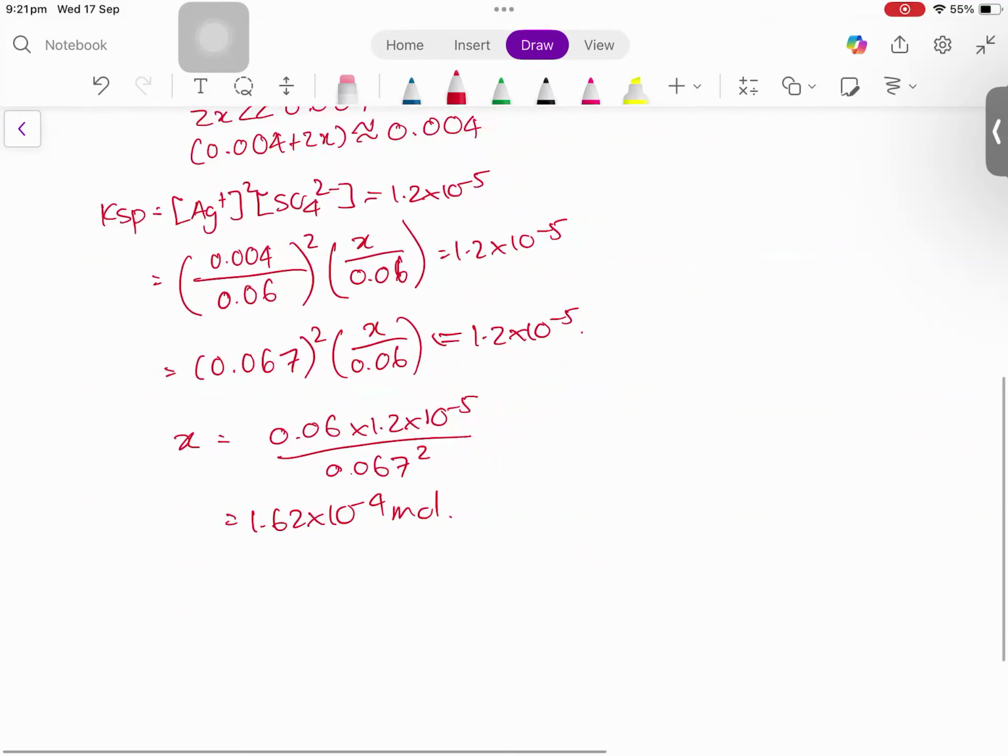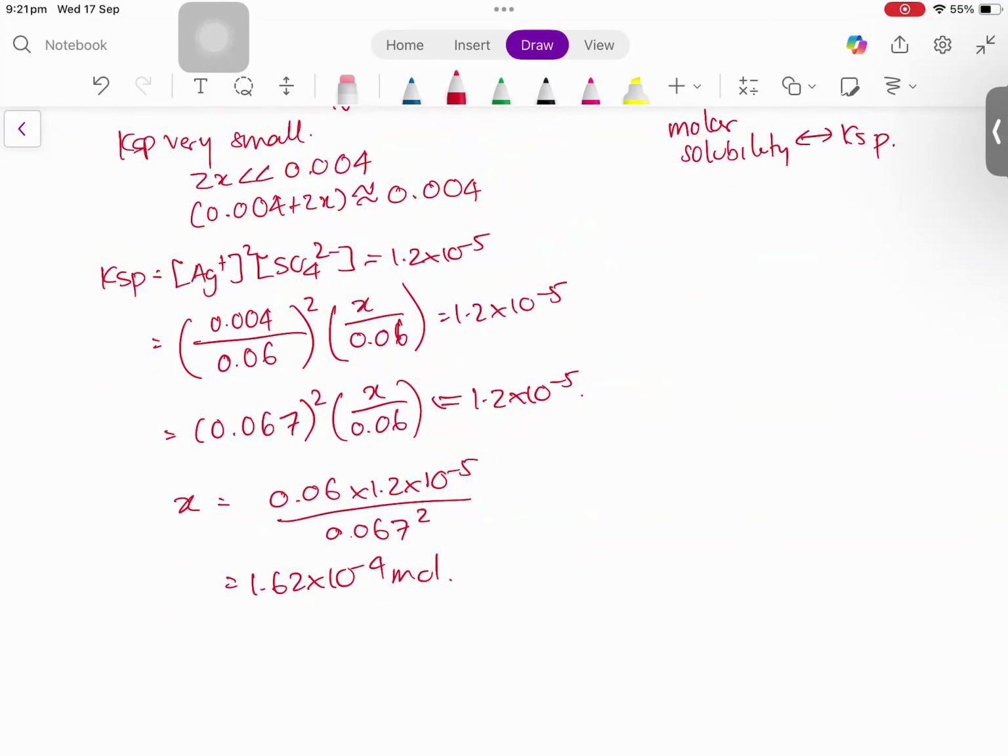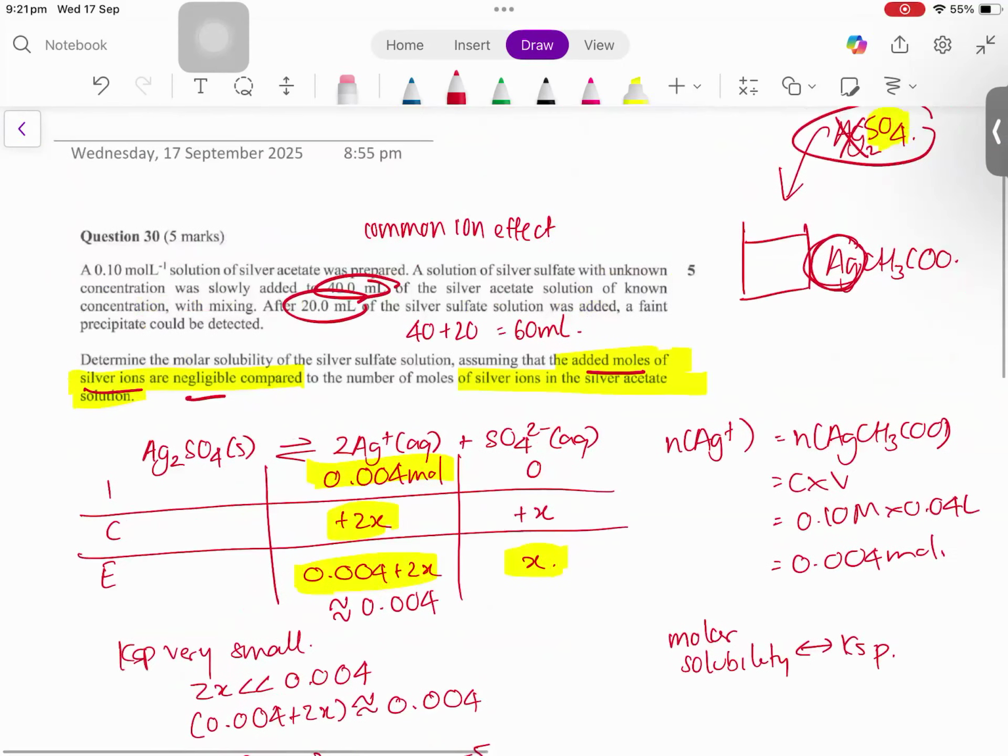The only difference is this, okay? When you normally set up your ice table in terms of concentration anyway, yeah? You normally set up your ice table in terms of concentration. So when you solve for x in those normal questions, the x that you get is moles per liter, which is exactly molar solubility.